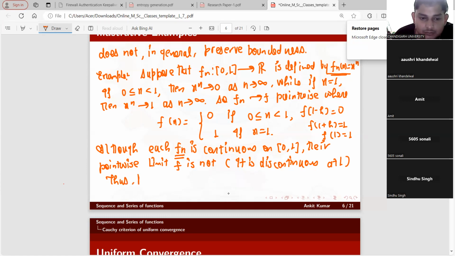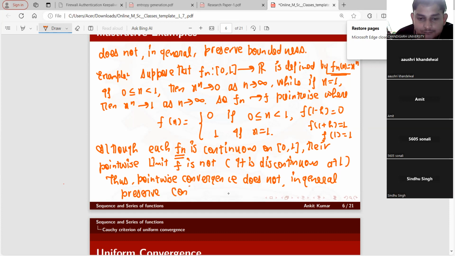Thus, pointwise convergence does not, in general, preserve continuity.